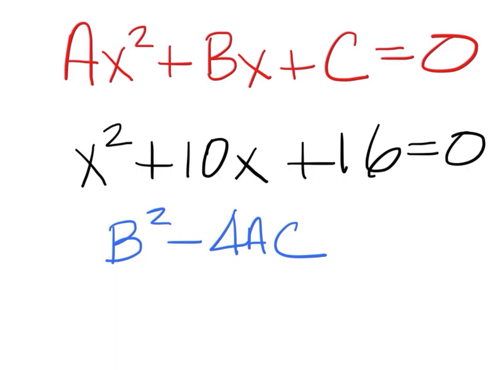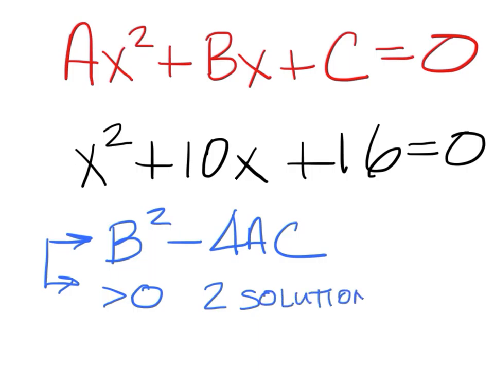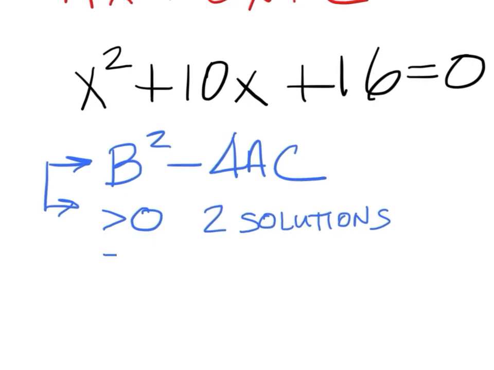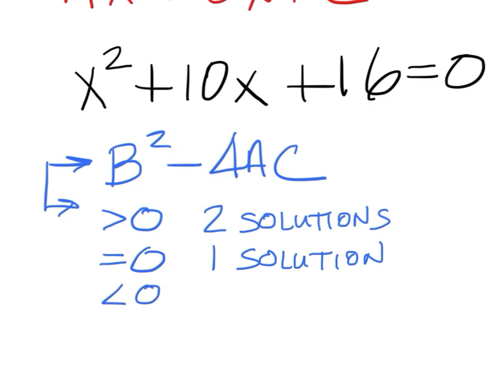If the solution to this is greater than 0, then you have two solutions for the problem. If the answer to the discriminant is equal to 0, you have one solution. If the answer to the discriminant is less than 0, then you have no solutions.